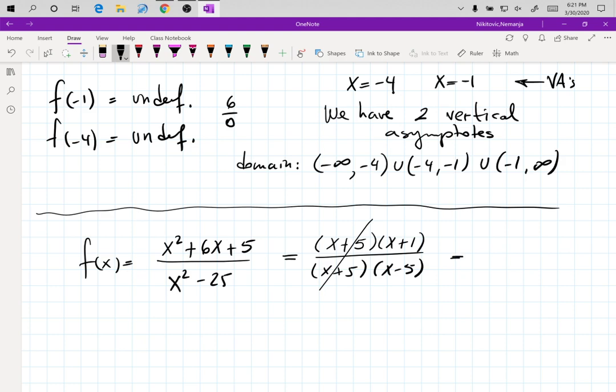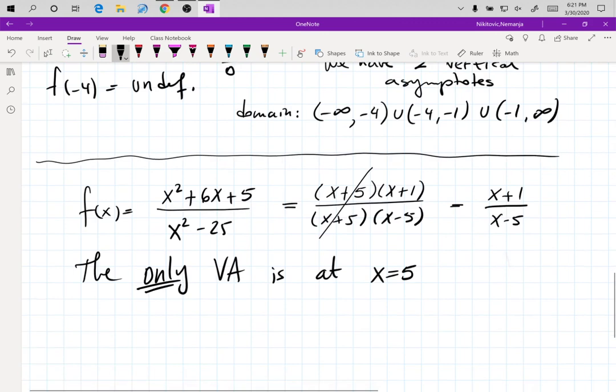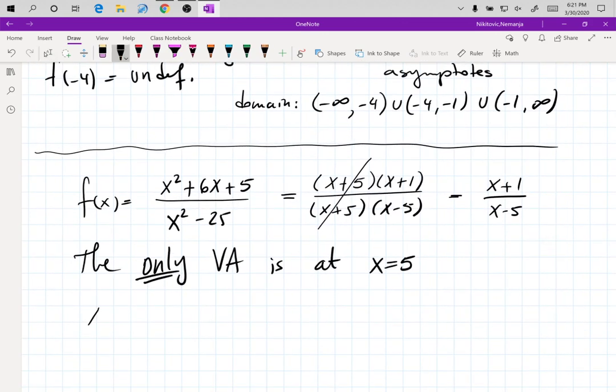Technically your problem is x plus 1 over x minus 5, and the only vertical asymptote is at x equals 5. X equals -5 is not an asymptote.